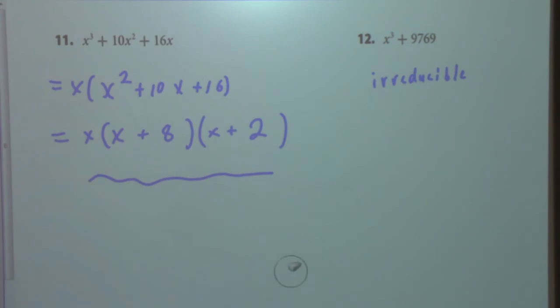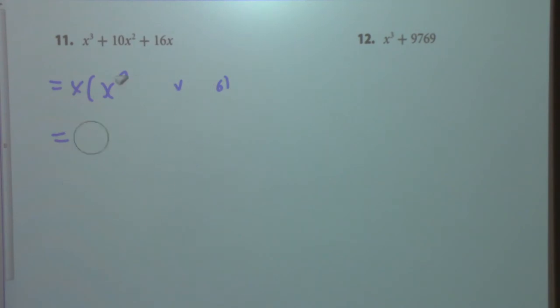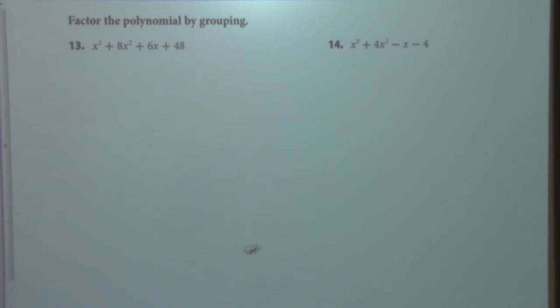Okay, so let's go on to the next section. And the next section is different because it talks about factoring by grouping, which is a factoring technique that you haven't seen before.